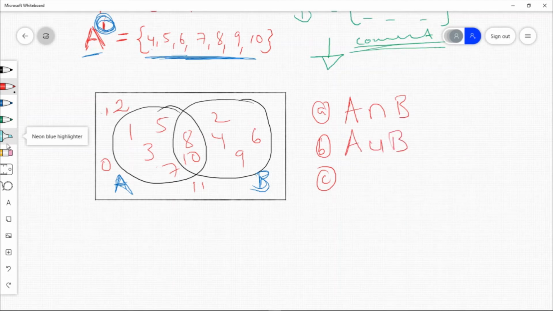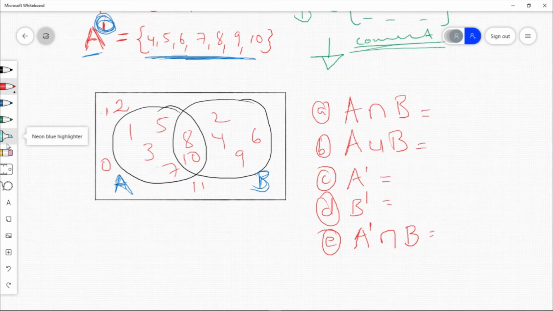And what are the elements that are not in A? Elements that are not in B? What about the elements that are in the union of not A intersect B? That will be interesting, right? So we're just going a little bit extra, looking at these kinds of things.